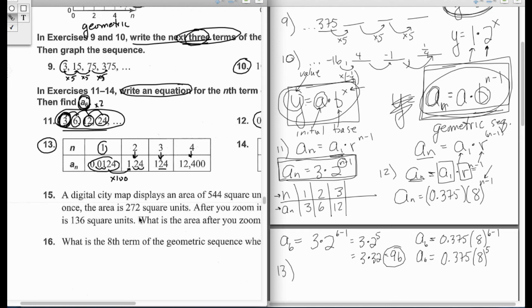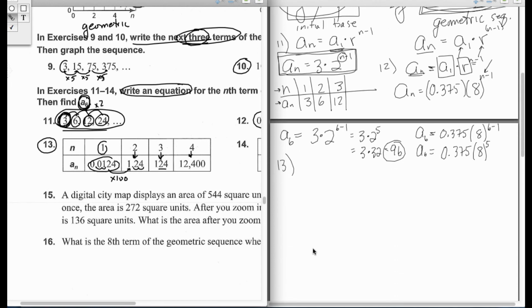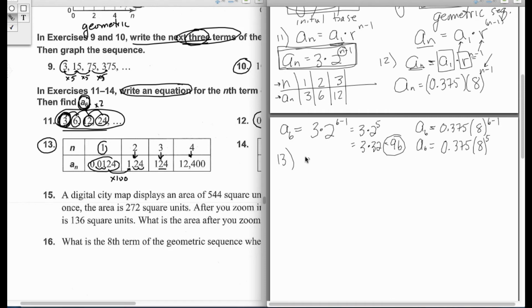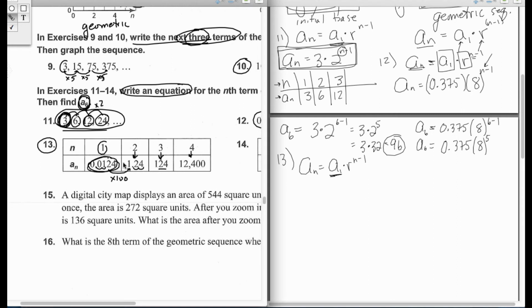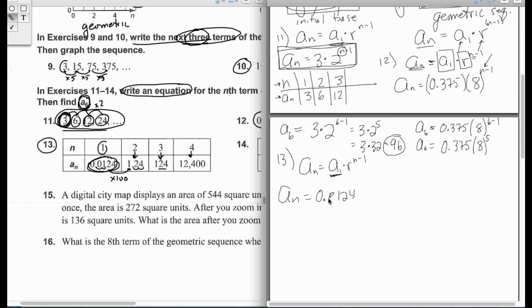So your formula is going to be the same thing every single time. You need to tell me the first term. It's given to you: 0.0124, times r. What's the ratio? What are you multiplying by? 100.